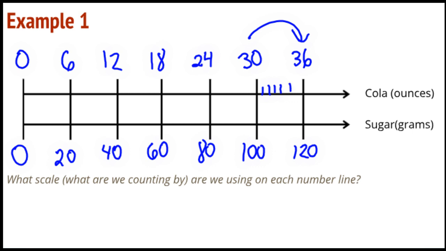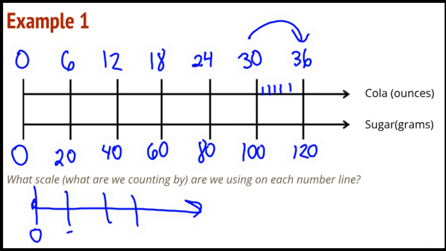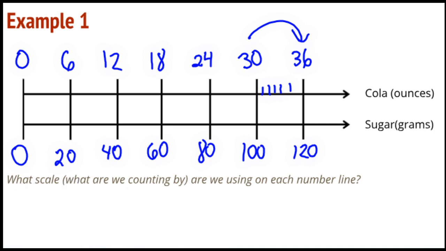So just like on a real number line, if I counted by fives, 5, 10, 15, just because I counted by fives doesn't mean that 1, 2, 3, and 4 don't exist. Of course they exist. I just need to put them on the number line. So getting from 30 to 36, I just need to count.